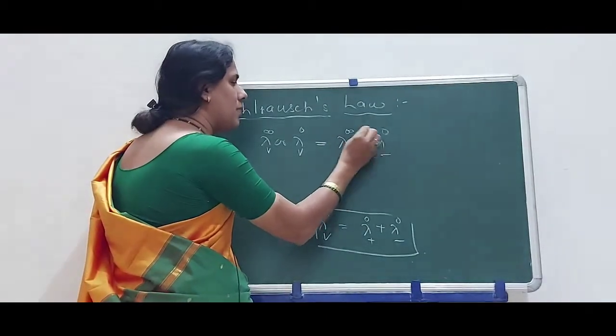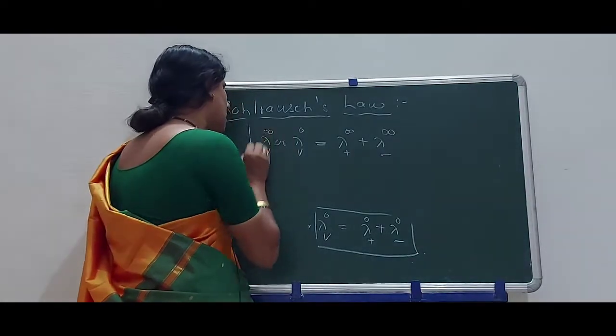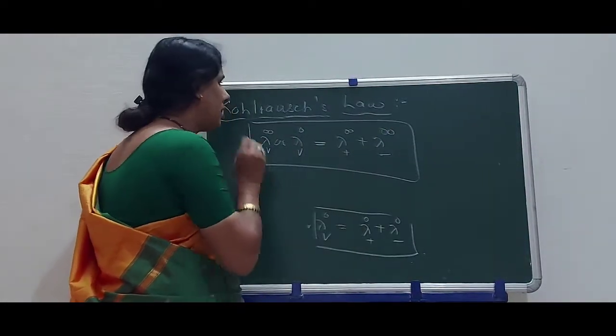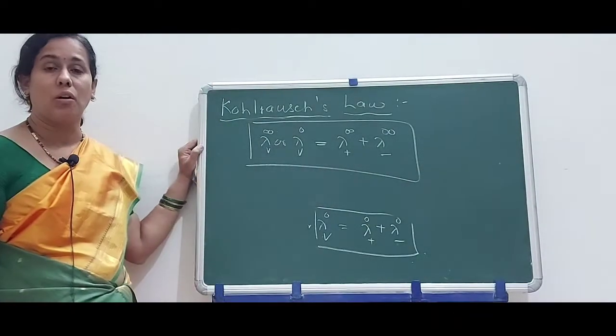Therefore we can write it as lambda infinity or standard. Now this is the mathematical form of Kohlrausch's law.